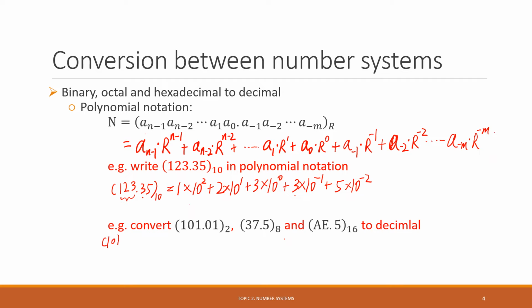Say I want to convert a binary number into decimal. What I do is write it in polynomial notation.